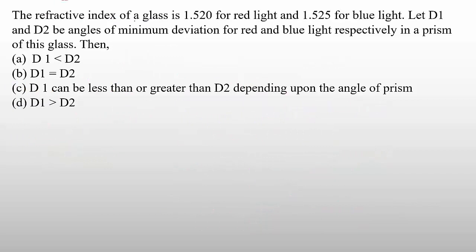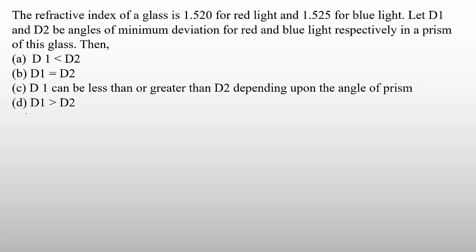The refractive index of a glass is 1.520 for red light and 1.525 for blue light. Let D1 and D2 be the angle of minimum deviation for red and blue light respectively in a prism of this glass. Then see here, refractive index of glass for red and blue light is given.